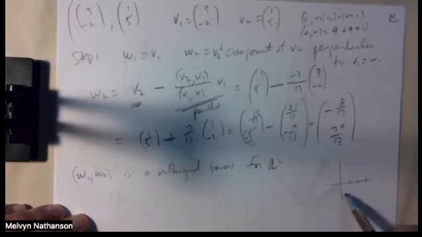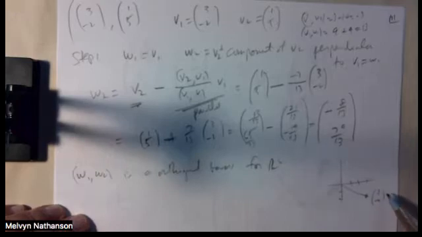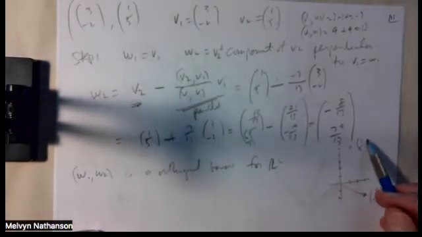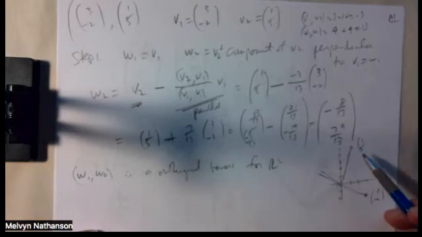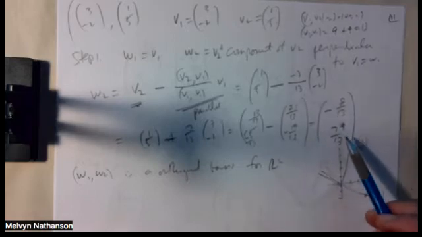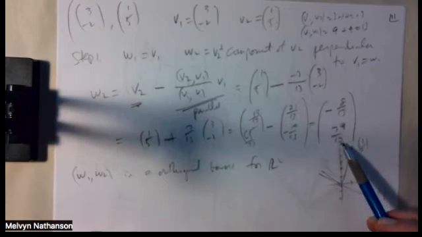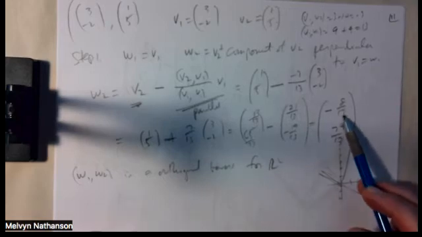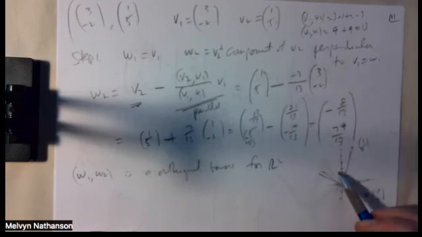I have the vector 3, minus 2, and I started with the vector 1, 5, but the perpendicular component of 1, 5 with respect to 3, minus 2 is minus 8 over 13, 79 over 13. So this is a little bit more than 6, and this is a little bit more than a minus a half.